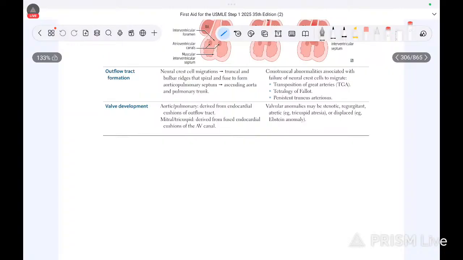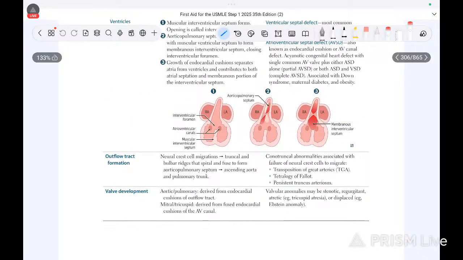Now we come to the outflow tract formation. The neural crest cells migrate and reach the truncal and bulbar ridges, which spiral and fuse together to form the aorticopulmonary septum. Hence it becomes the ascending aorta and the pulmonary trunk in later stages.